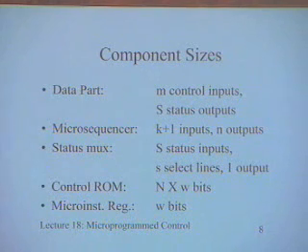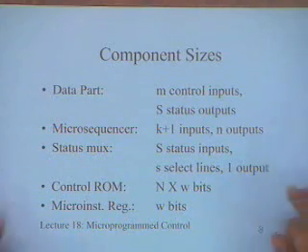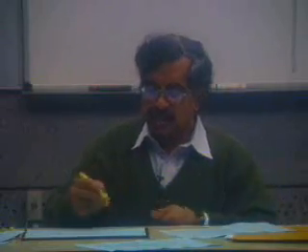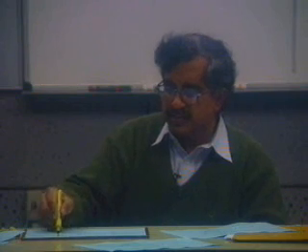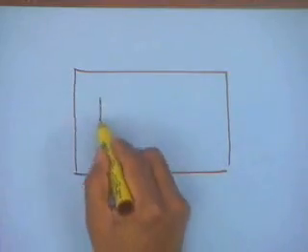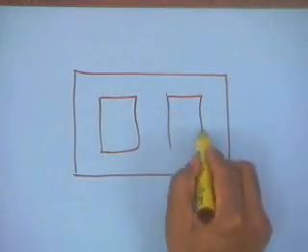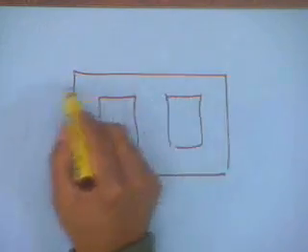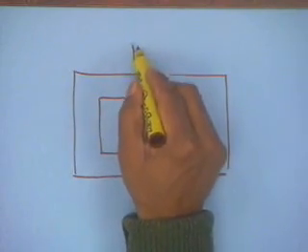These are different from the primary inputs and primary outputs. There could be more primary inputs and more primary outputs which do not go to the control. After all, there are two components inside this system, and this system has some inputs and outputs.